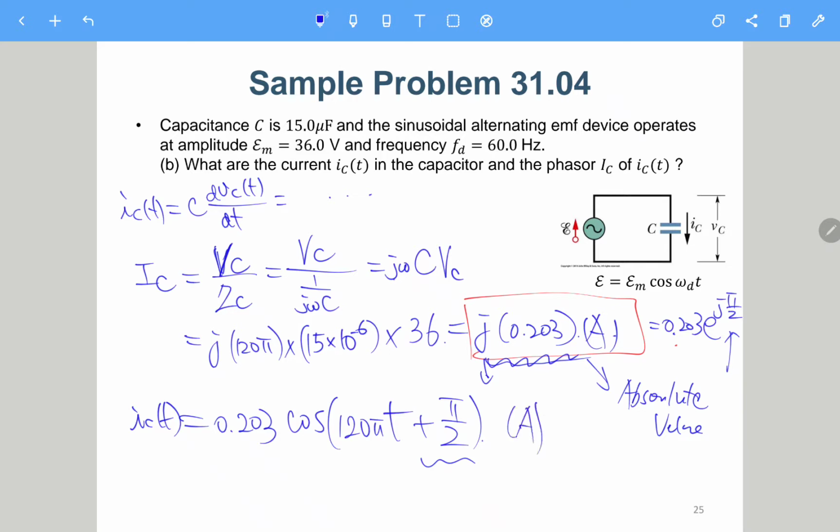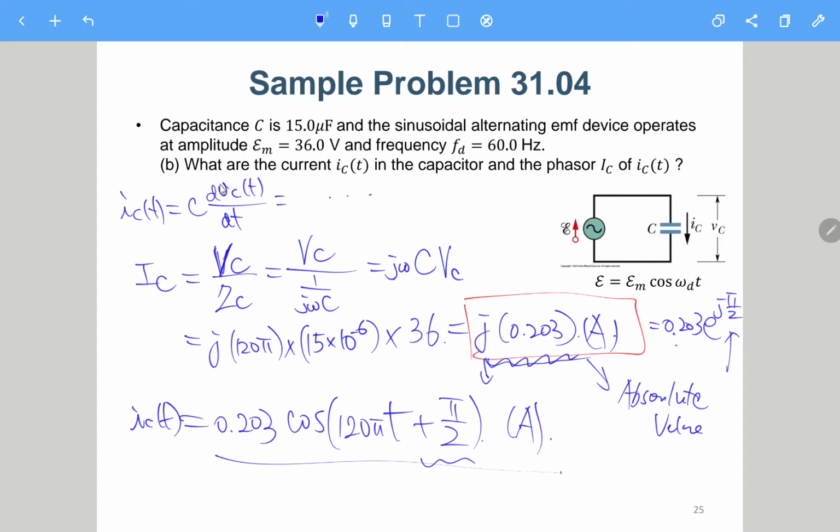Of course, this is a current. So this is it. So we can make use of the phasor. Although you feel like, oh, it is quite strange, it is a complex number or imaginary number, the reason why we need to use the phasor is we can get rid of the derivative.